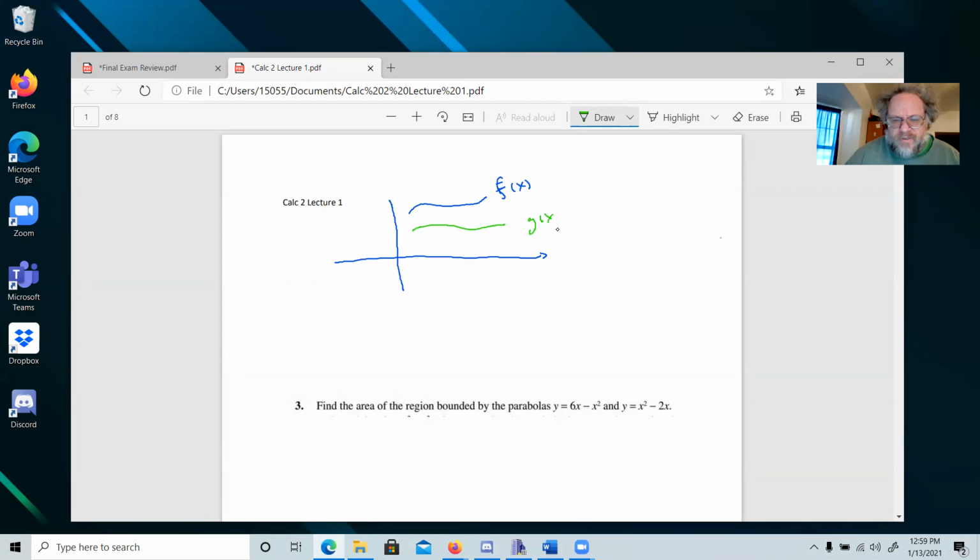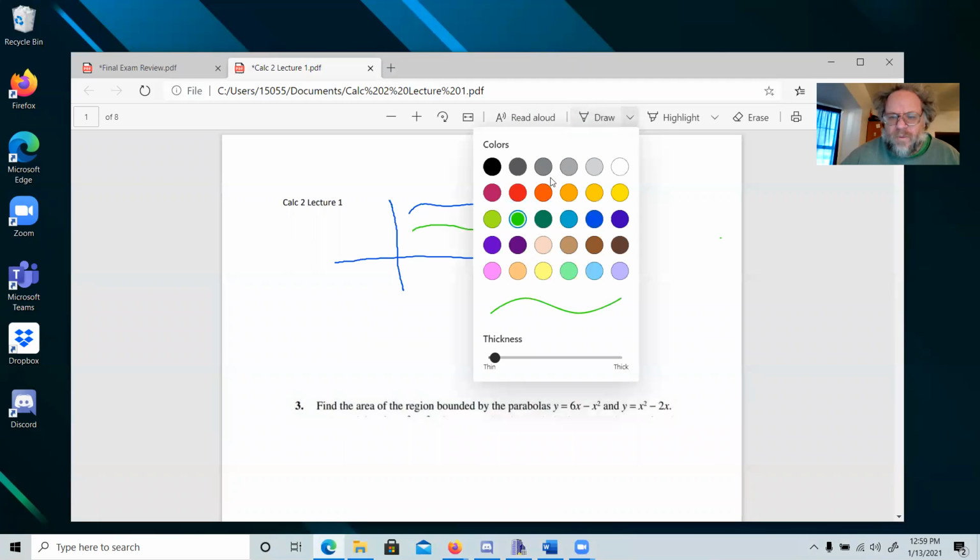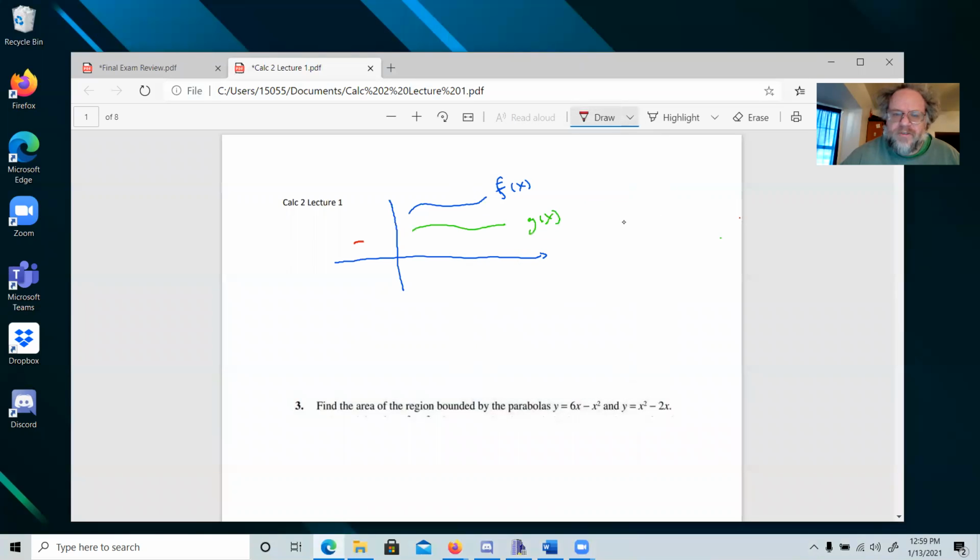The goal is to figure out what the area is between these 2 curves. All we're going to do is take our f of x minus our g of x, and then to get an area, we just integrate that.